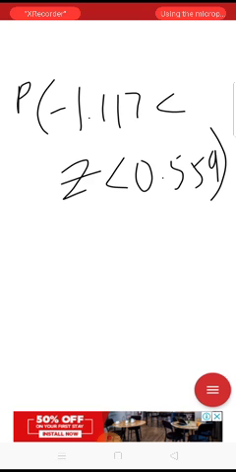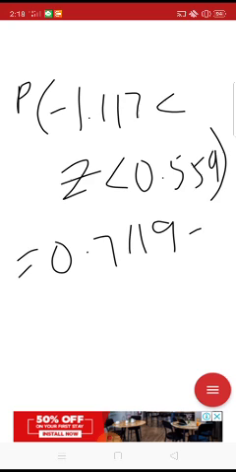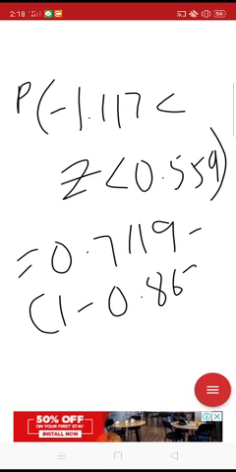This is the z range you need for the probability. If you continue, you can simplify this to 0.7119 minus (1 minus 0.8679).